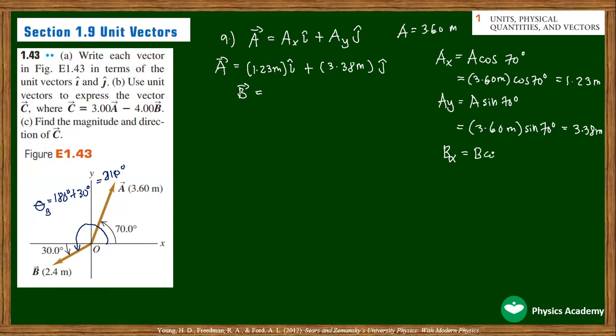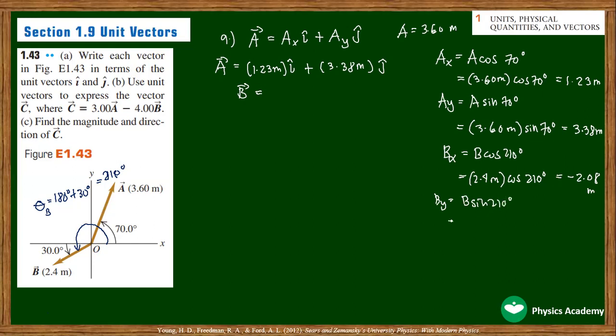So Bx is B cosine of 210 degrees, where B is 2.4 meters. 2.4 cosine of 210 gives us negative 2.08 meters.